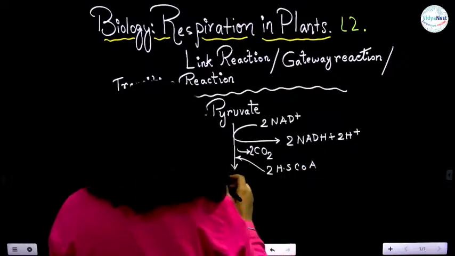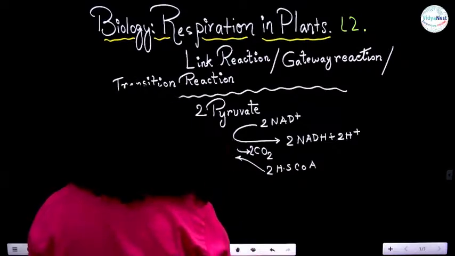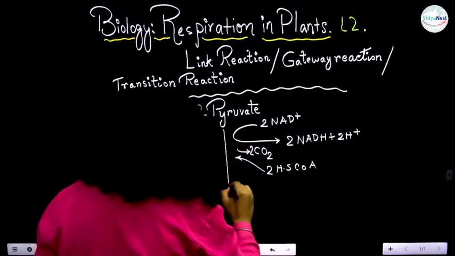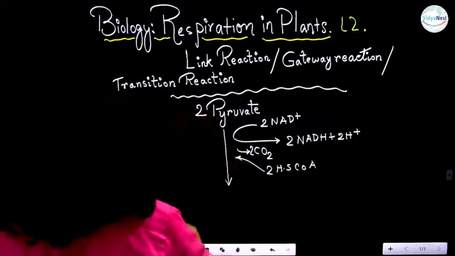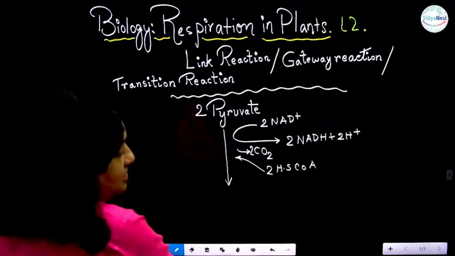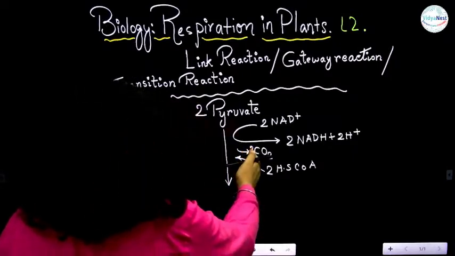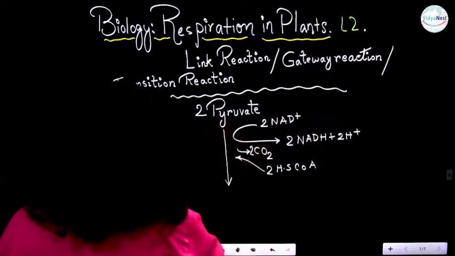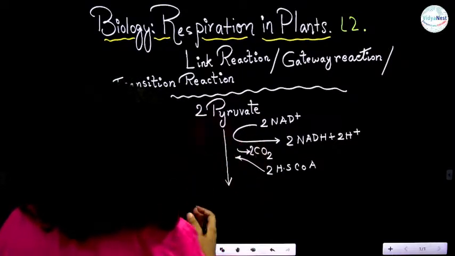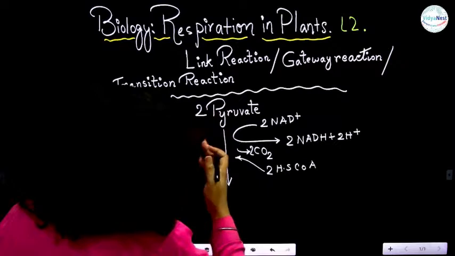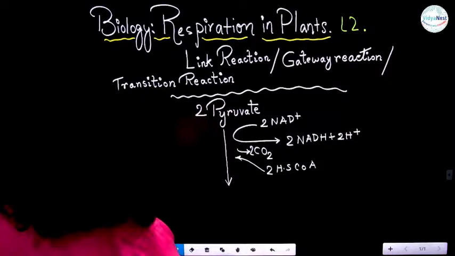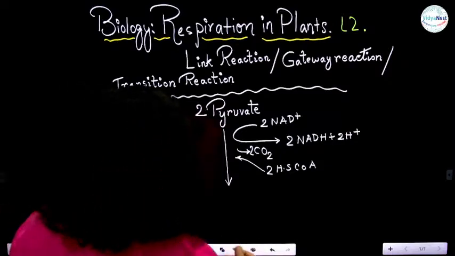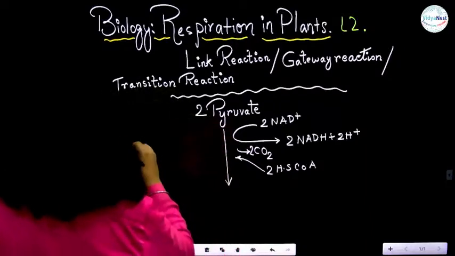So acetyl-CoA will be formed. There is decarboxylation along with dehydrogenation, that means NAD plus is converted to NADH and H plus. This reaction is catalyzed by a multi-enzyme complex known as pyruvate dehydrogenase.